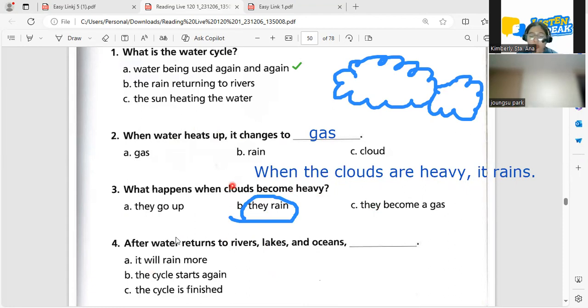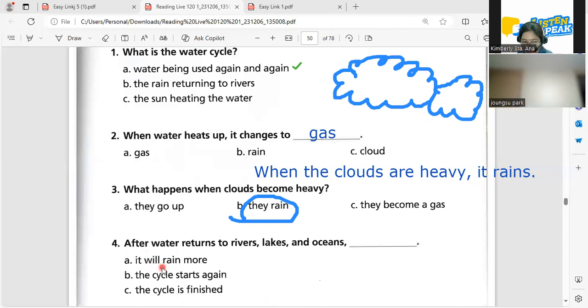Let's read number four. After water returns to rivers, lakes, and the ocean, what will happen? The water returns. So what happens next?